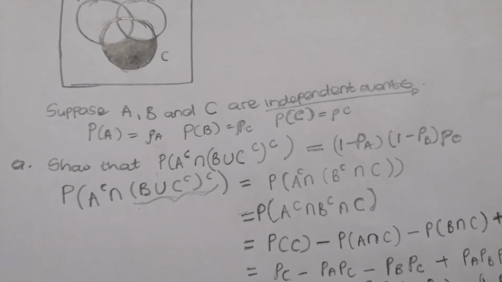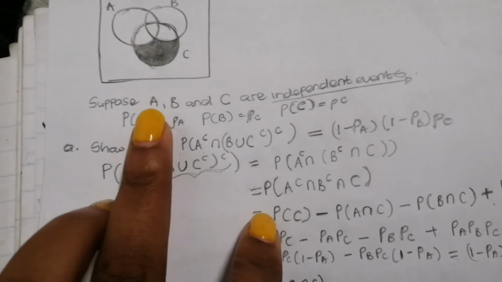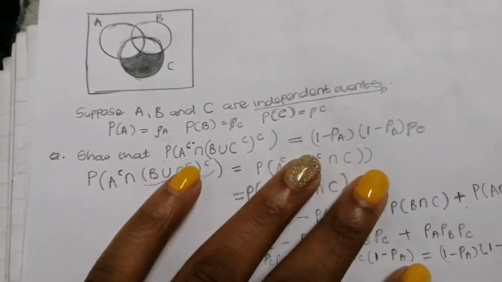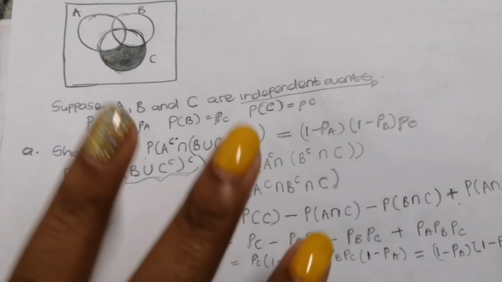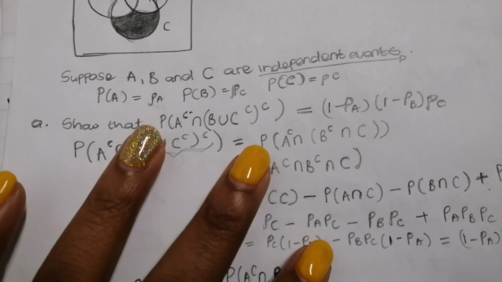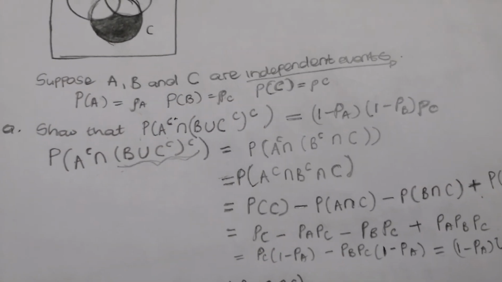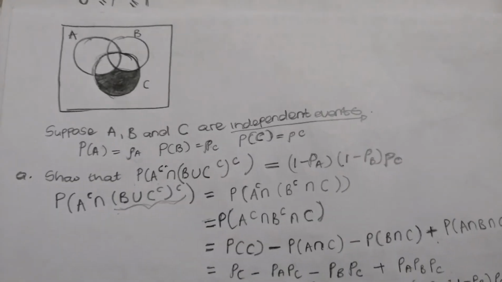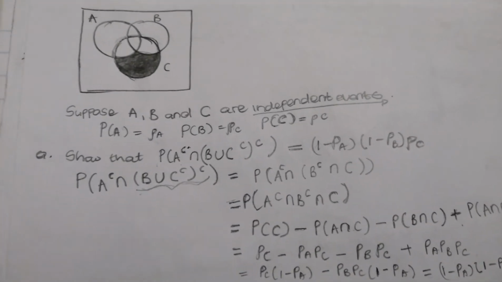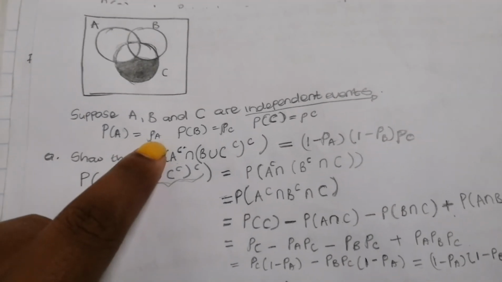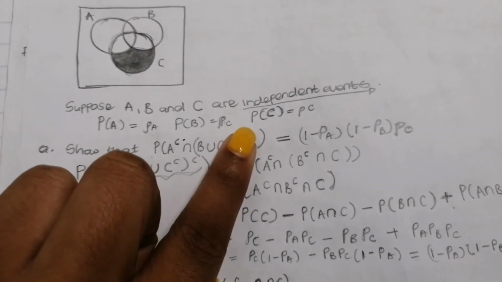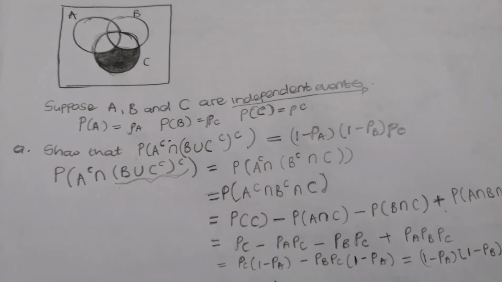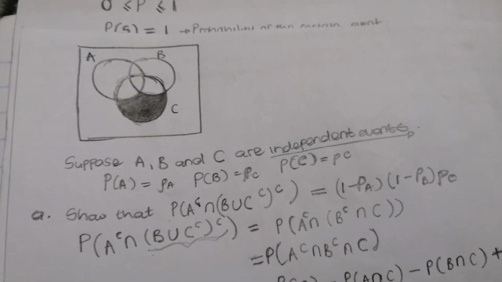So the question was, suppose A, B, and C are independent events, such that probability of A equals PA, probability of B equals PB.